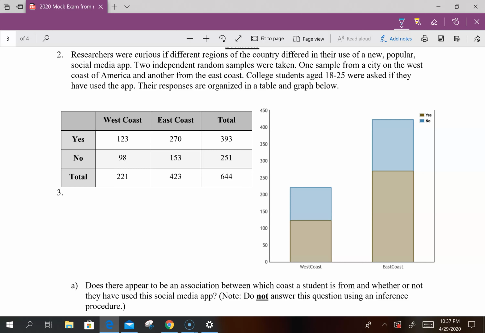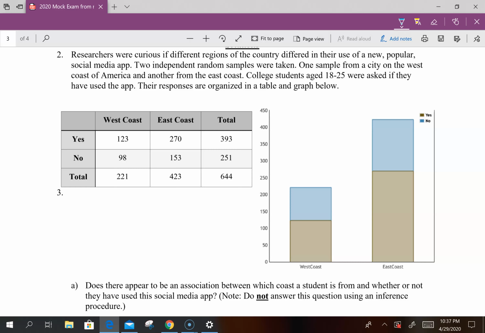Okay, so first thing it's asking is, does there appear to be an association between which coast a student is from and whether or not they have used the social media app? Note, do not answer this question using an inference procedure. Basically, they're not asking you to make a test. They're just saying, hey, just look at the numbers and what do you think?